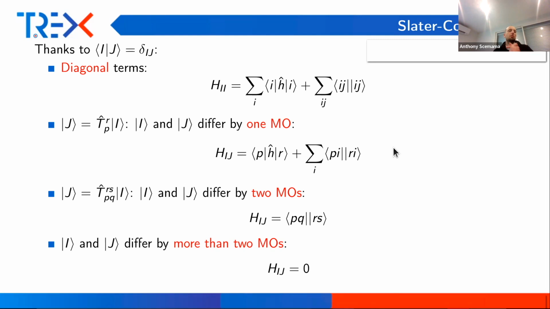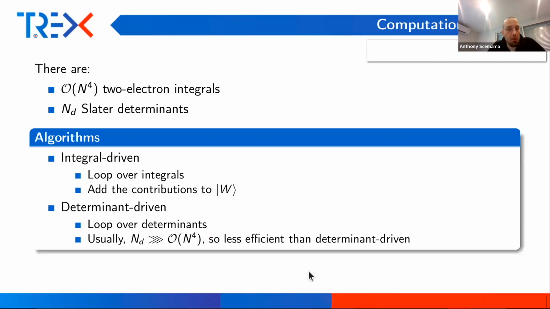So iterating over the integrals is always much more efficient, because you never have to do anything where it's 0. So most of the codes have been developed using what we call integral-driven algorithms.